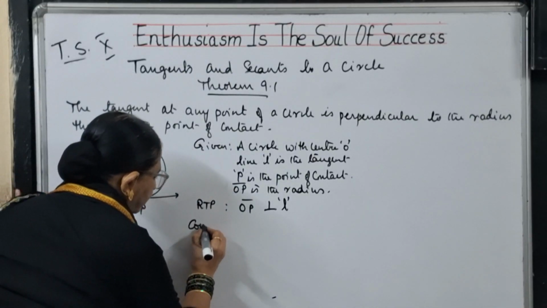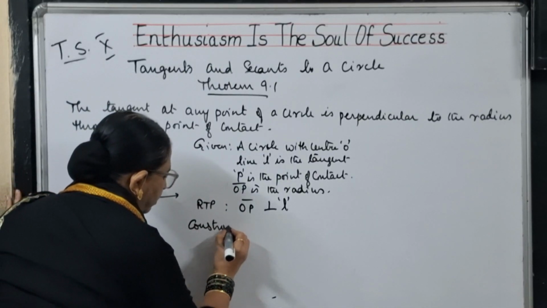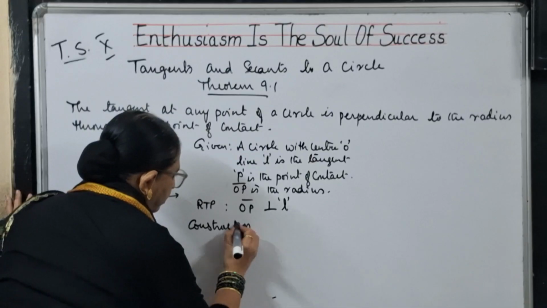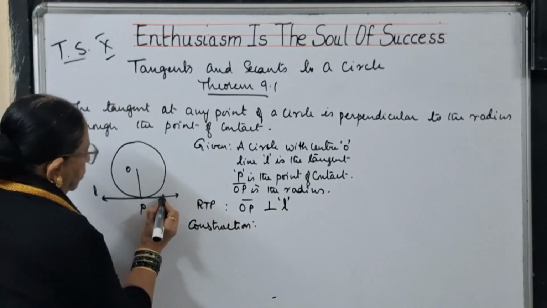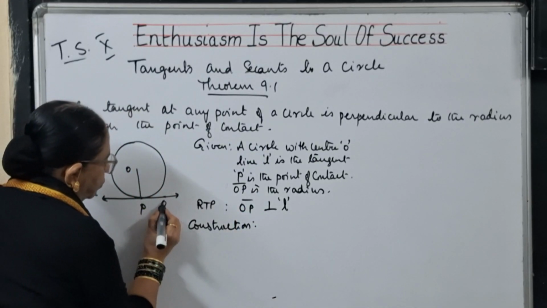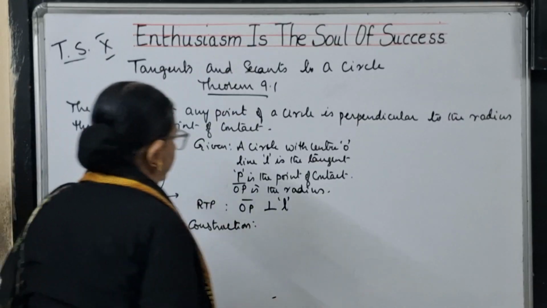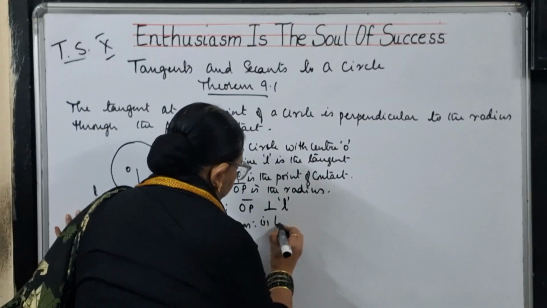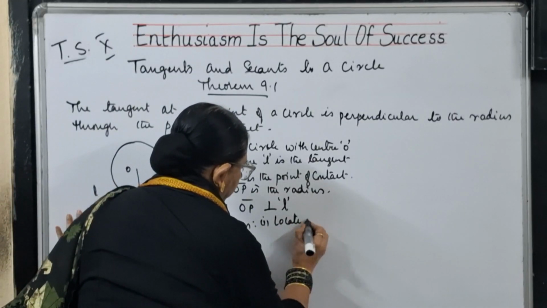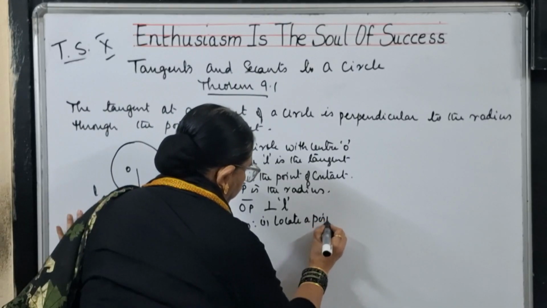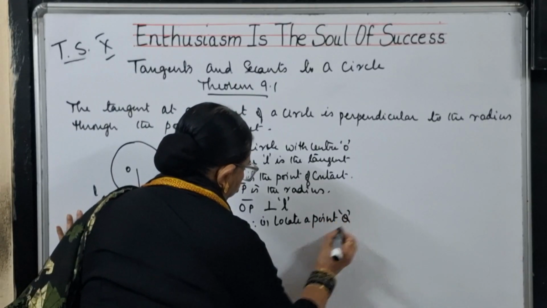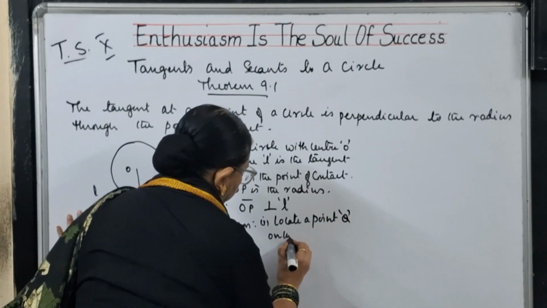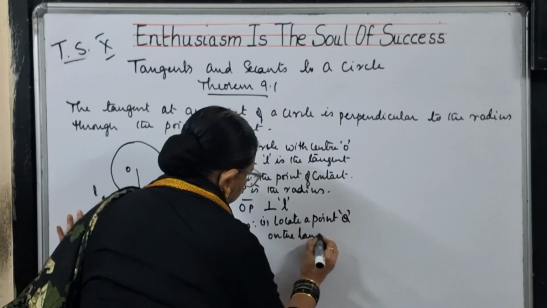Now there is a construction here, children. What is the construction? Construction is you have to locate a point Q on the tangent. First point is locate a point Q on the tangent.